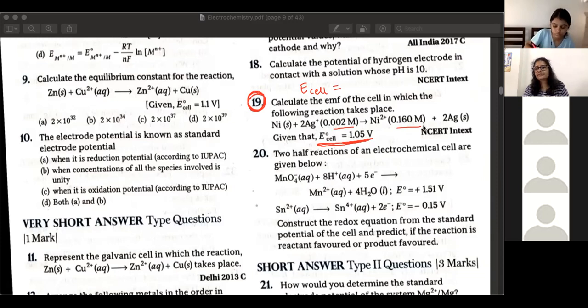No, this is an NCERT question. I'm sorry, my equilibrium basics is really bad. The way we write the concentration, it should be 0.02 into 2, right? Raised to 2.